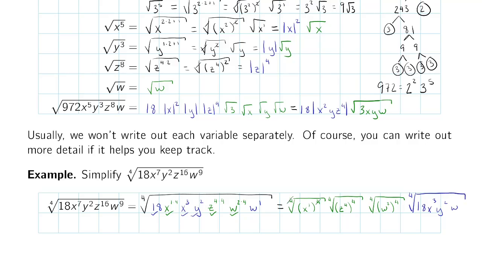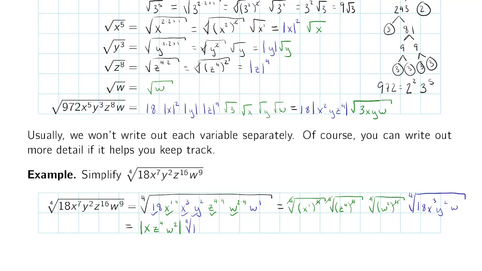For each of these factors, the fourth root and the fourth power cancel out. And so I'm going to be left with an absolute value, because we're taking even roots of even powers. x to the first is just x. z to the fourth, w squared. And then the rest of that fourth root is along for the ride.